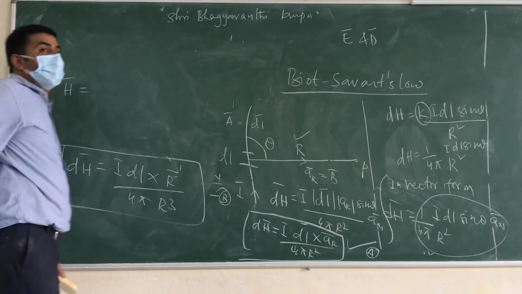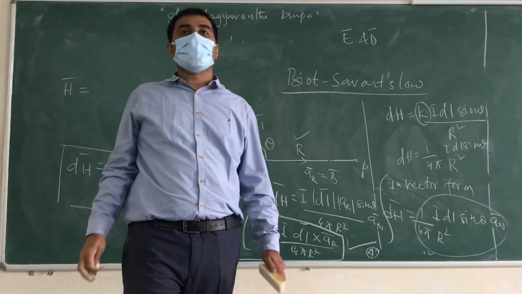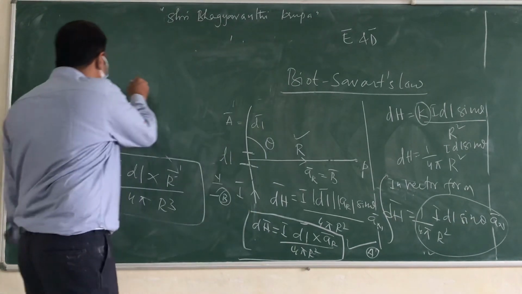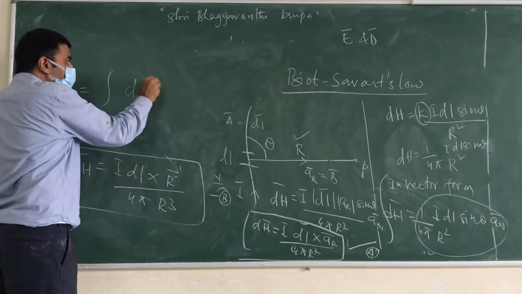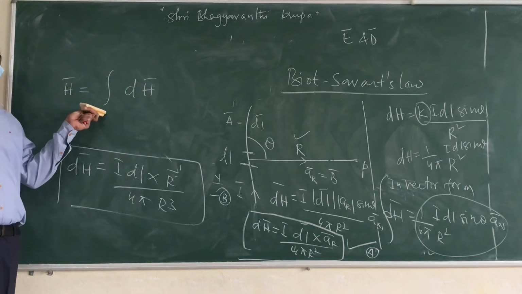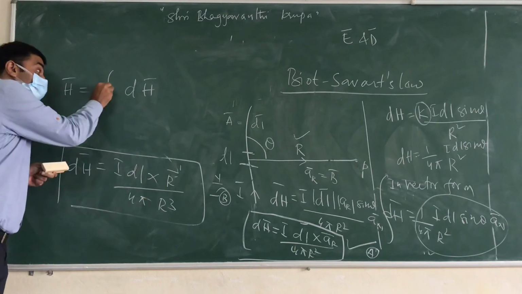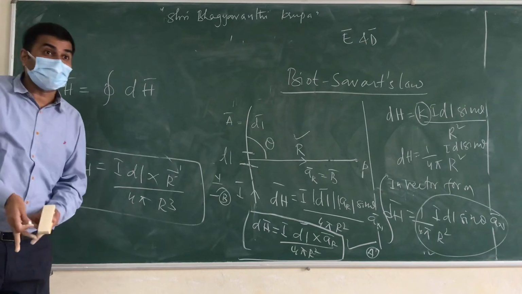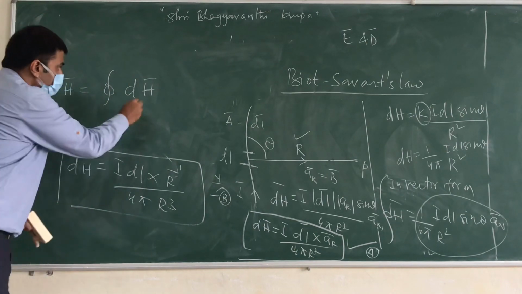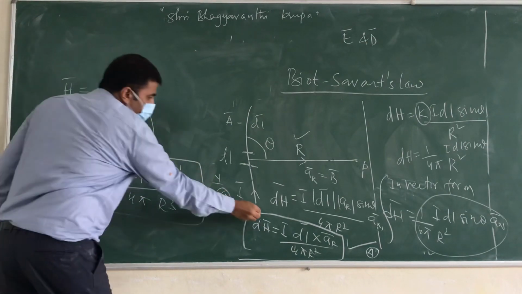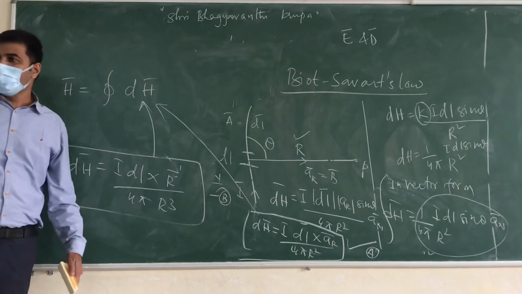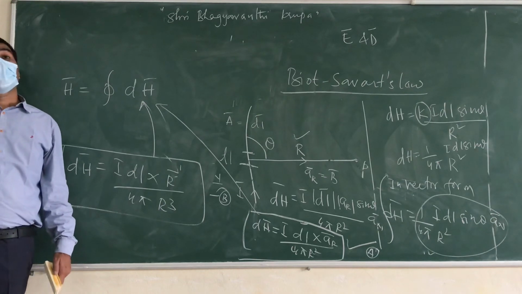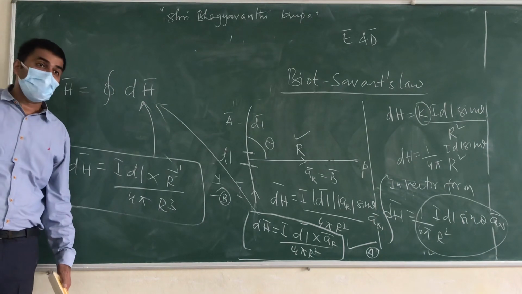Now tell me, conductor should be an open loop or closed loop for flow of current? Closed. Then the integration should be an open integral or closed integral? Closed. You remember like this: for flow of current, conductor should be closed. Here this is your H. Fine. This completes Biot-Savart's law, and in the next class we will see the application of Biot-Savart's law.